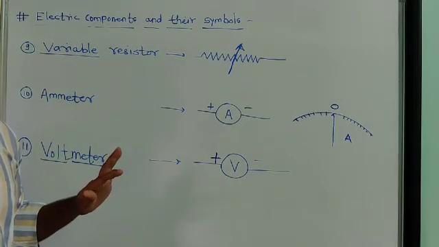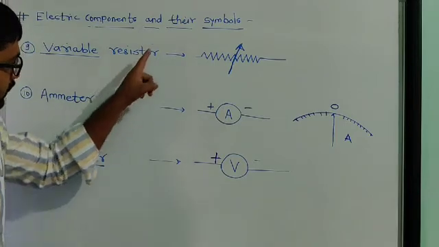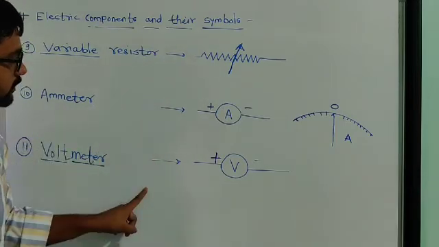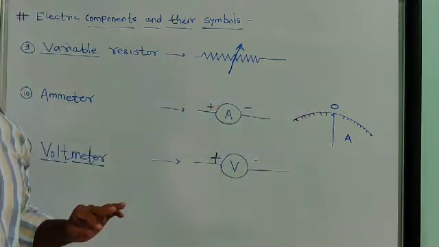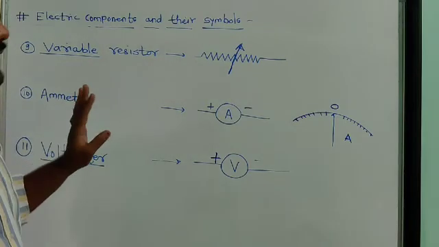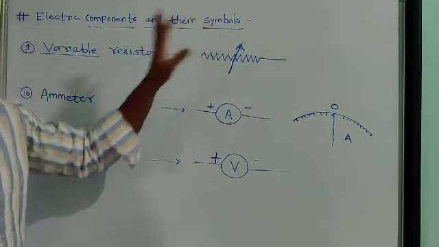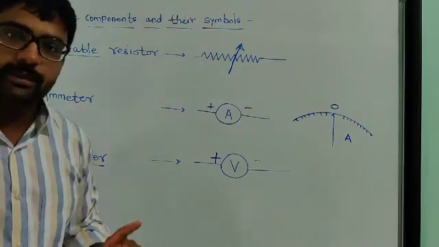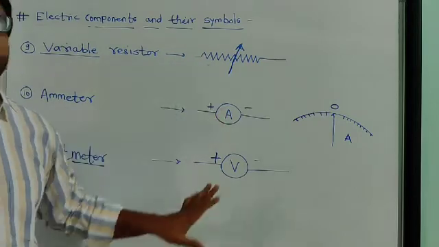So that basic should be clear to you. Write the names in one column, symbols in one column, and their uses in one column. Today we have studied the various electric components and their symbols, so you have to remember all these things well.